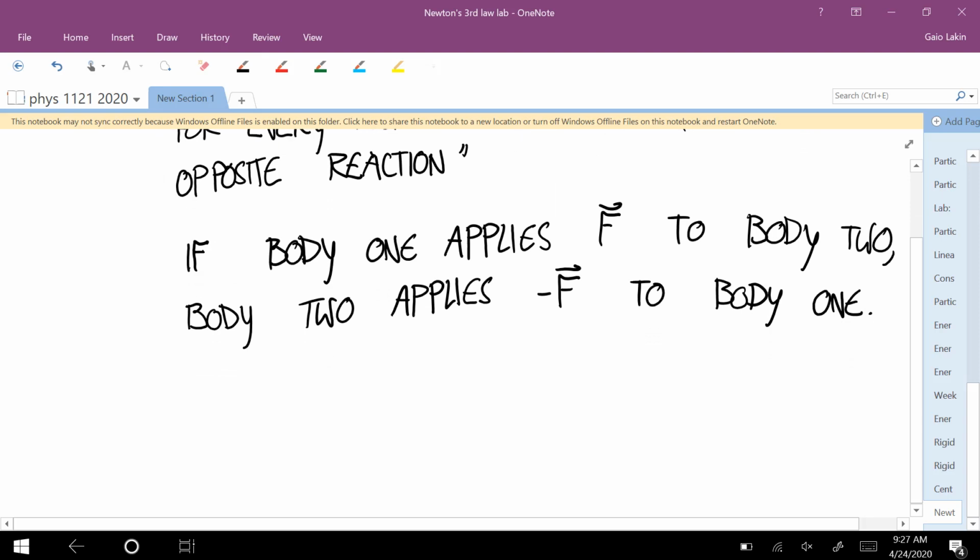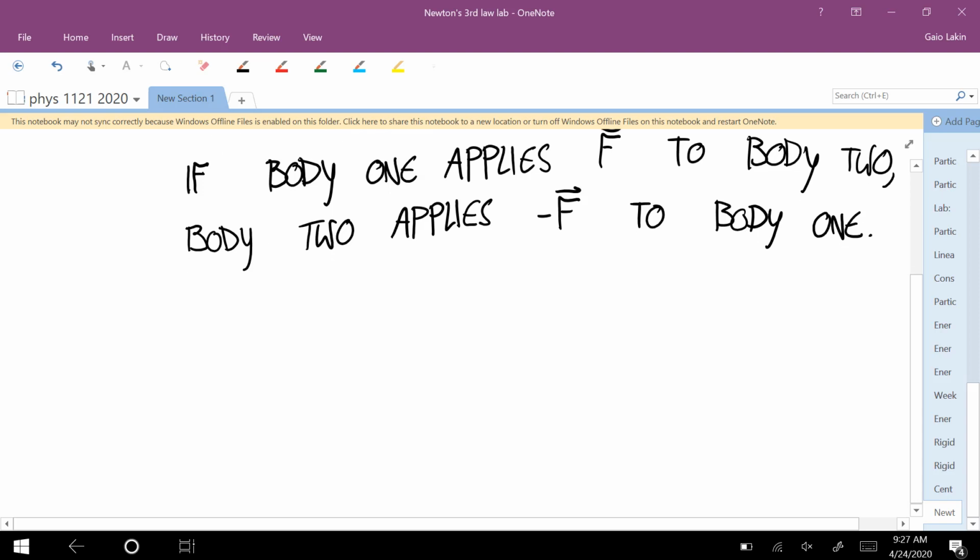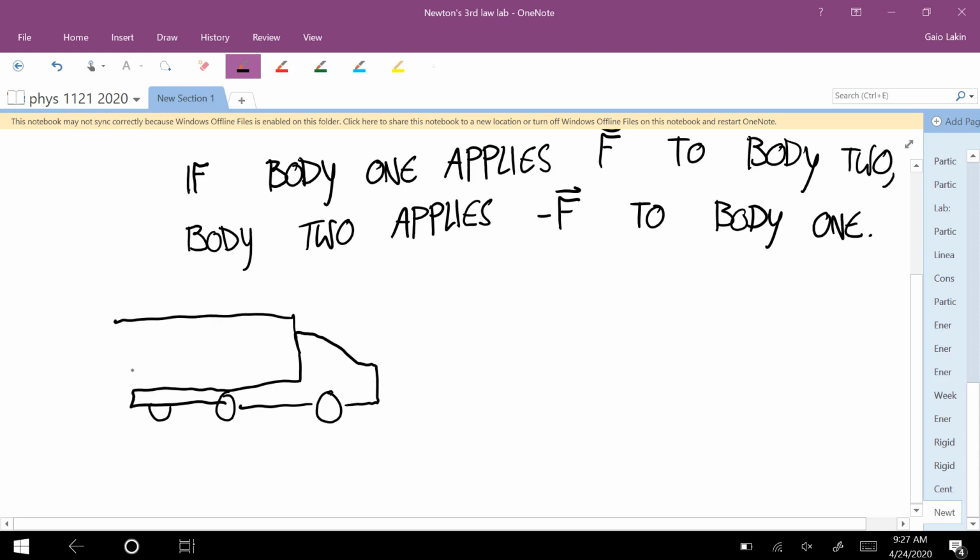And that is a hard thing for people to wrap their heads around, because if you have a collision between two objects, so let's say that we have a truck, and it collides with a little tiny car.